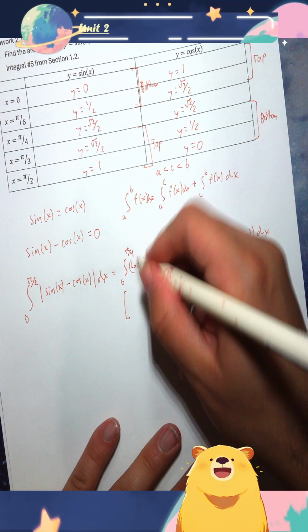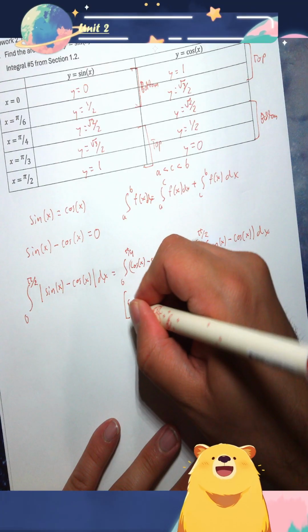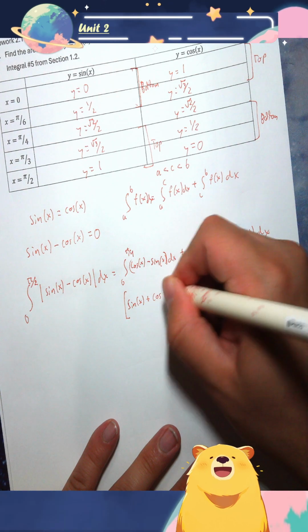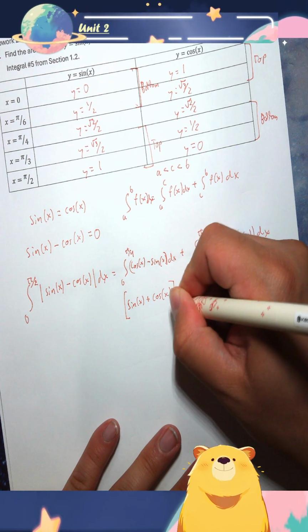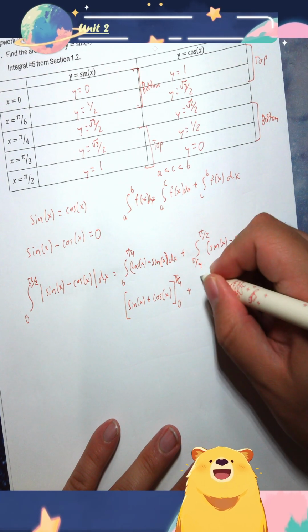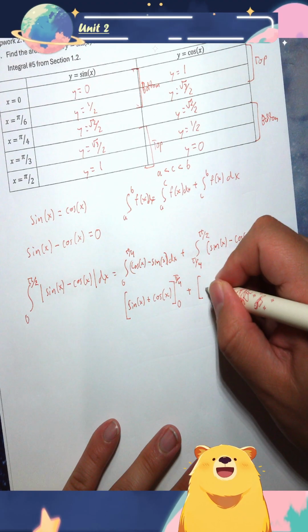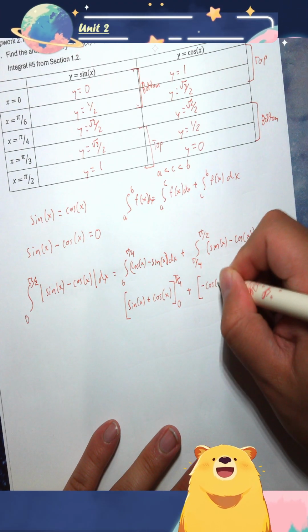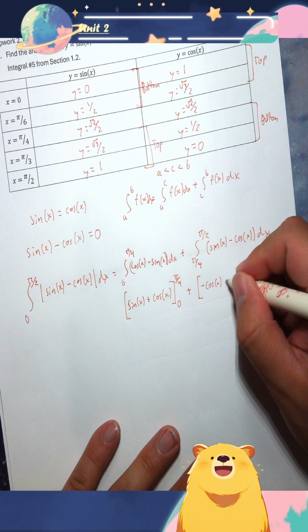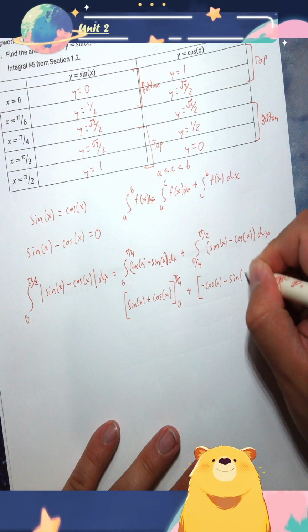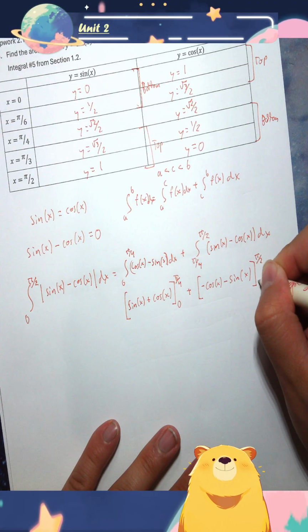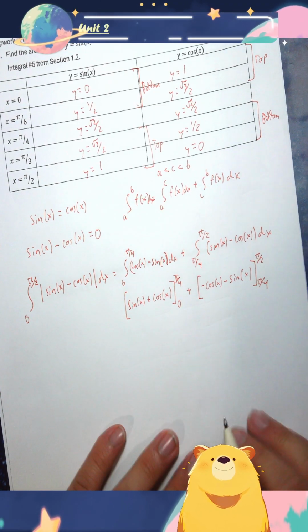We have cosine minus sine, which integrates to sine of x minus negative cosine of x, so sine of x plus cosine of x, from 0 to pi over 4. Then plus sine minus cosine, which is negative cosine of x minus sine of x, from pi over 4 to pi over 2.